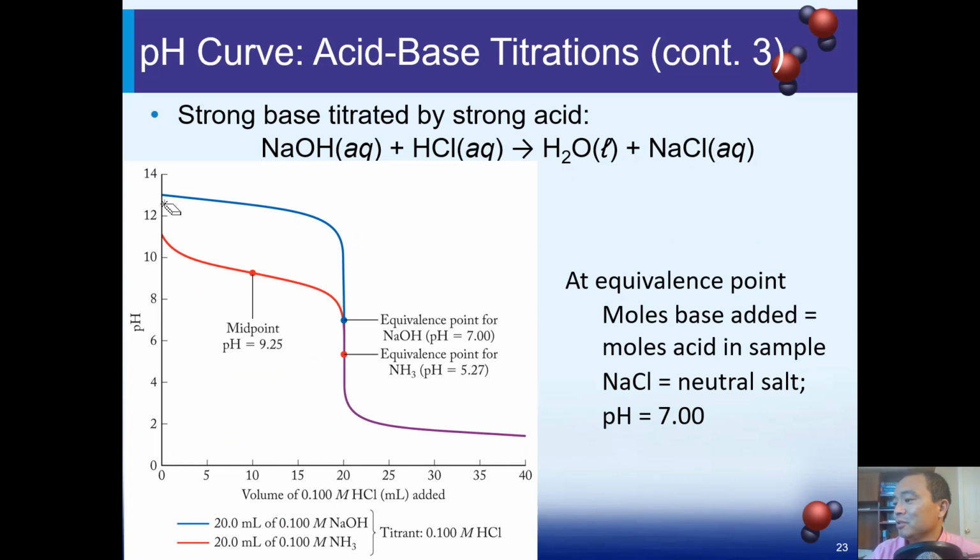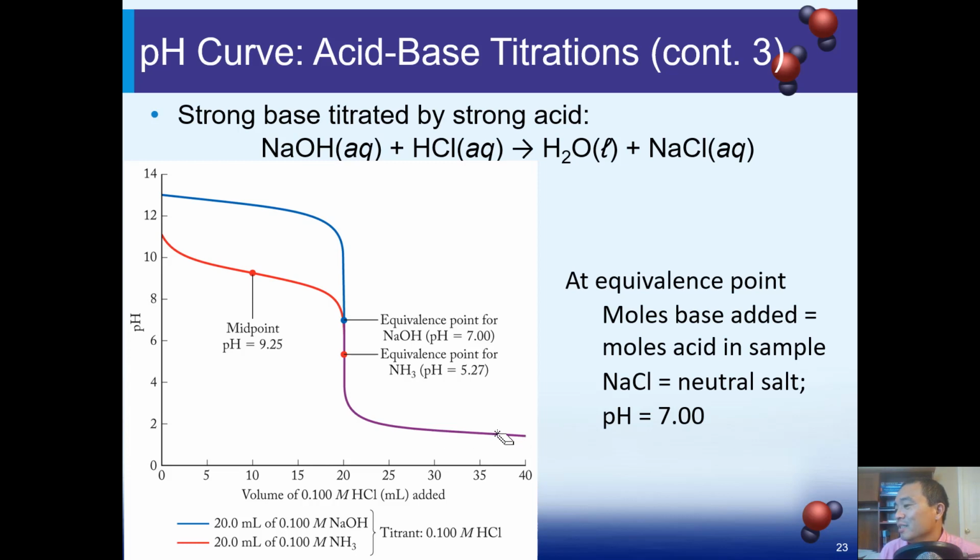Let's look at the third type of titration, which is a strong base titrated by a strong acid, as you can see in the blue curve combined with the purple over here. If you start with the strong base, the base will have a higher pH. You start in a high pH area, then you keep adding HCl, and at a certain point in time you will see a pH jump. The pH decreases significantly, then the rate of pH drop slows down.